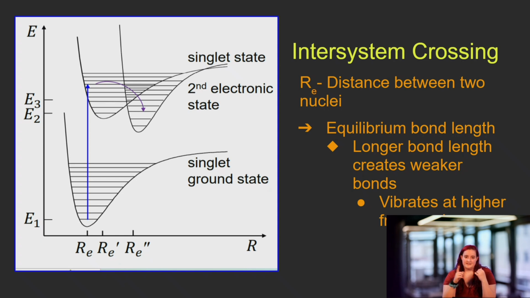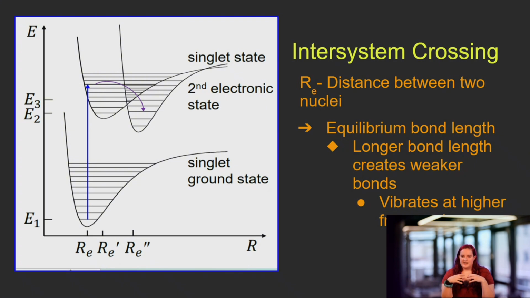But if it goes into the second electronic state, which is what that purple arrow represents, the intersystem crossing, you'll see something happen with the bond length. With that R_e value, it will change. It'll typically get a little bit longer. It undergoes kind of this stretching phenomenon where there's more distance between the two nuclei. So even when it goes back down into the ground state, like with phosphorescence, it'll still be at a higher R_e value than it was before.